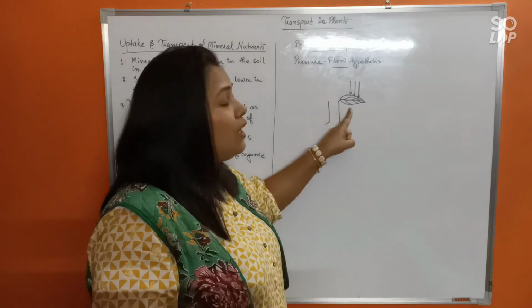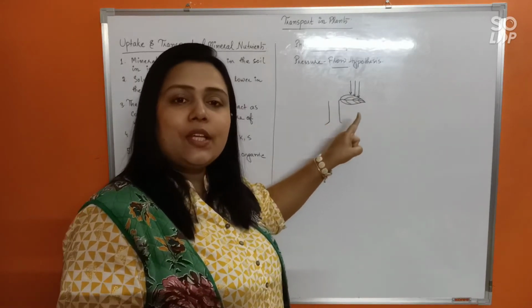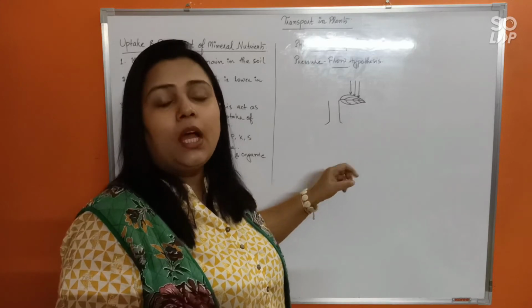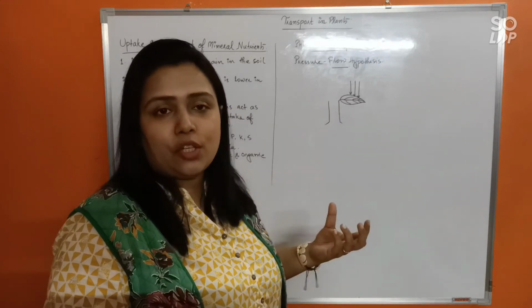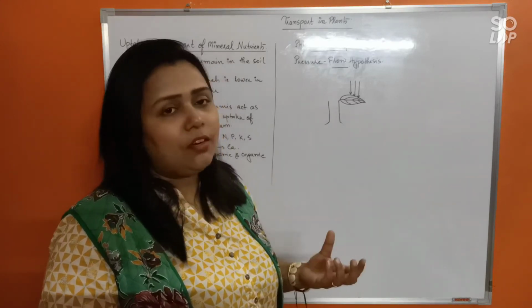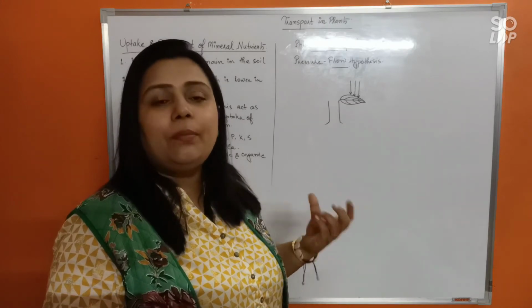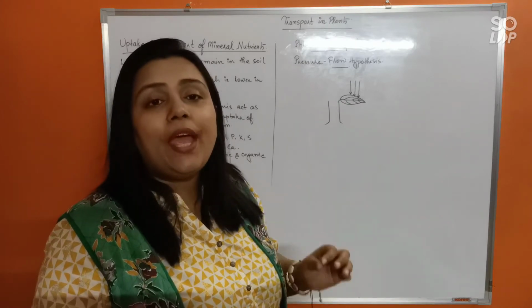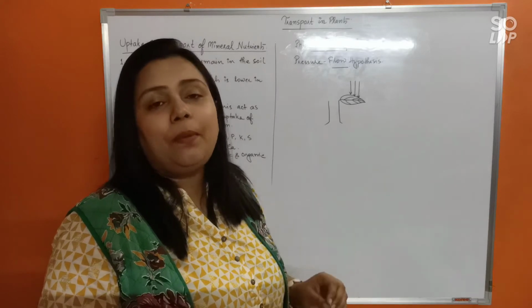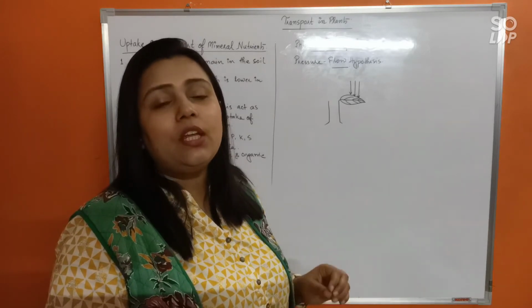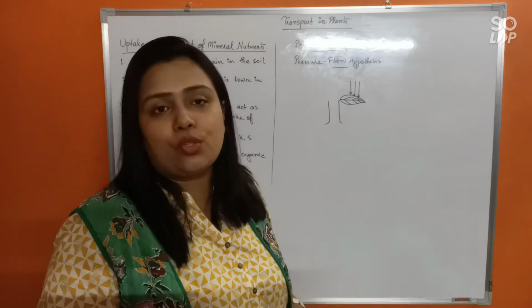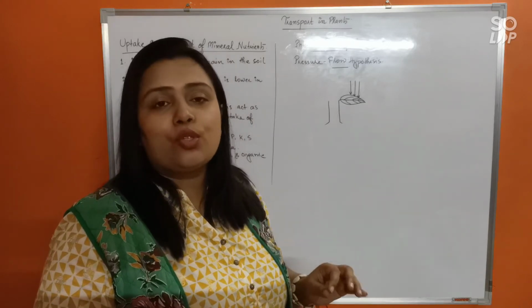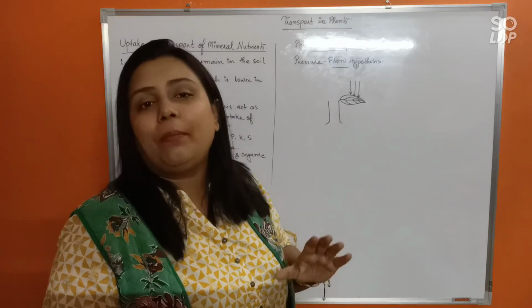So in the leaves, as soon as organic solute is formed in the sieve tube, a positive hydrostatic pressure will be built up there. So a high pressure will be maintained in the sieve tube where food is present, and the plant part where food is present we call the source. So in the source, always a high pressure will be maintained.